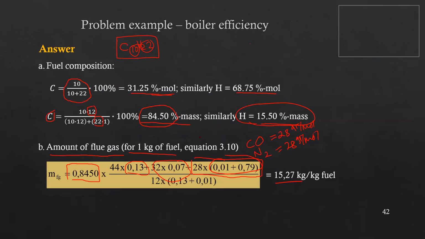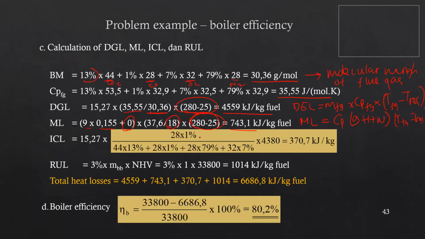Okay, so here we can calculate the incomplete combustion losses. The mass of the flue gas is 15.27, and we also have the percentage of each compound, which is given from the questions. And we have also 4,380. Let me have a look first, because we should use the other units instead of 4,380.